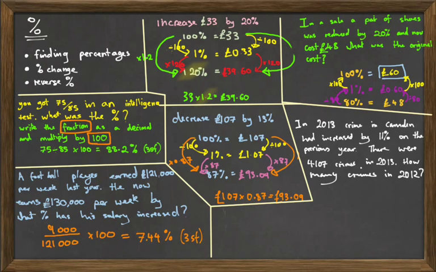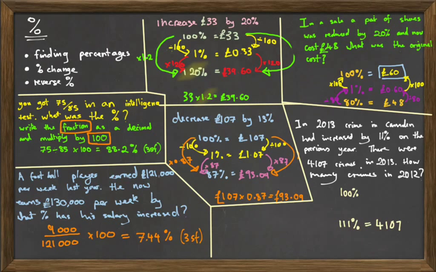Okay, so we went from 100% in 2012 to 111% in 2013. It increased by 11%. This is the only difficult part of this question, setting out the maths. 111% in 2013 is equal to 4,107 crimes.